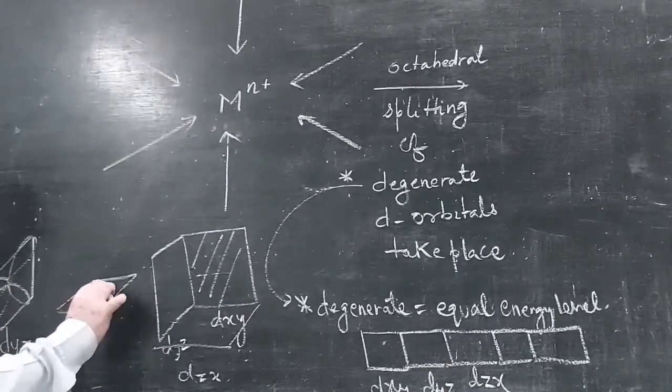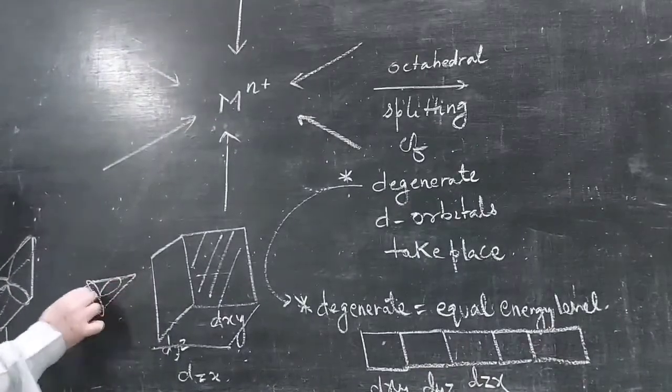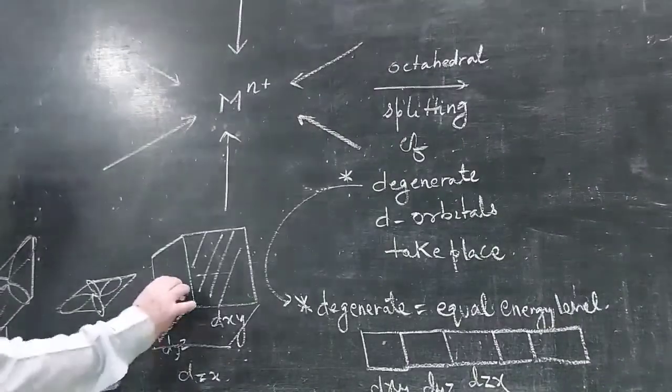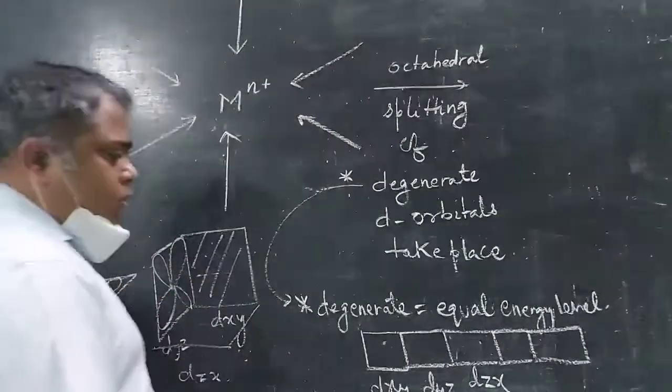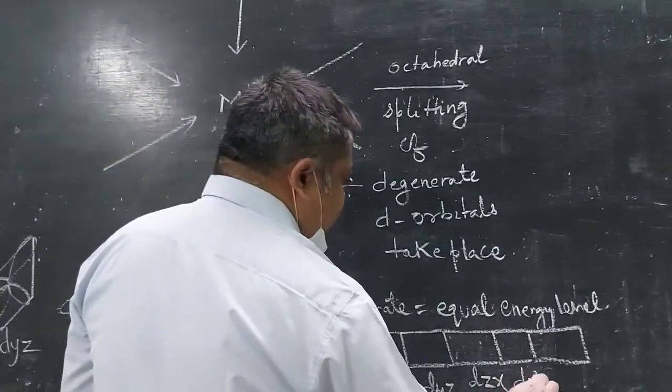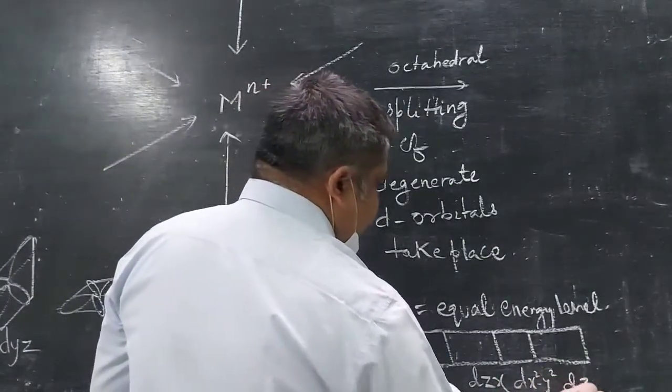If the d orbital is in xz, we call it dxz. If it is in xy, we call it dxy. And there are two more d orbitals, dx square minus y square and dz square.